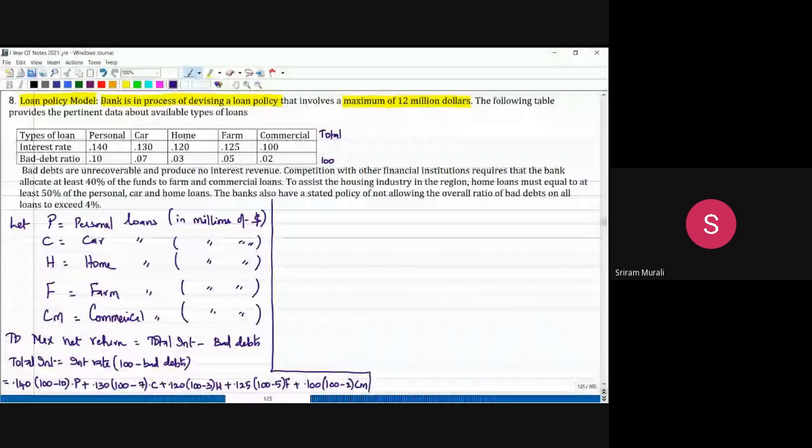I just solved for the total interest. Now I want to go to maximizing the return. Maximizing return is equal to total interest minus bad debt.